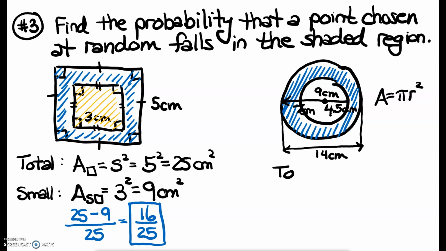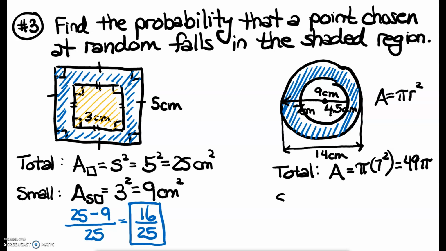So for the big circle, the total, not the blue, but the big circle, including the white circle, it's going to be pi, the radius is 7 squared. So we get 49 pi.